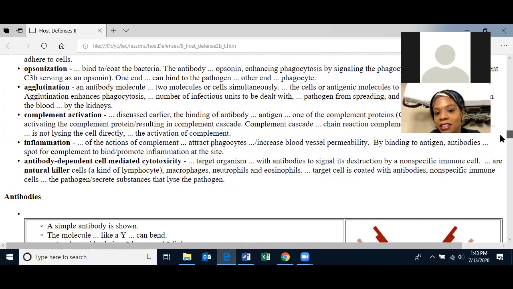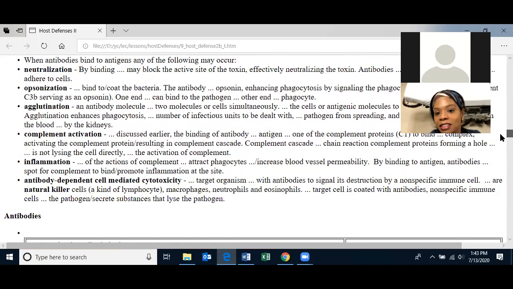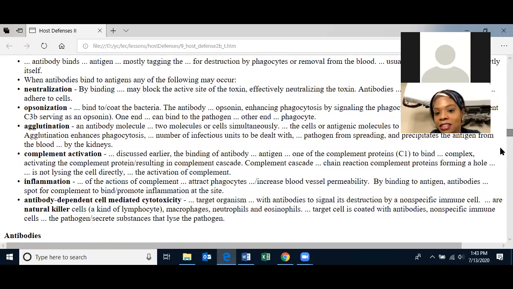What the white blood cell does, and it could be any non-specific immune cell binding to the antibody bound to the pathogen, is come up to the pathogen and then non-specifically attack the pathogen by secreting toxic substances against the pathogen, which will lyse the cells of the pathogen.